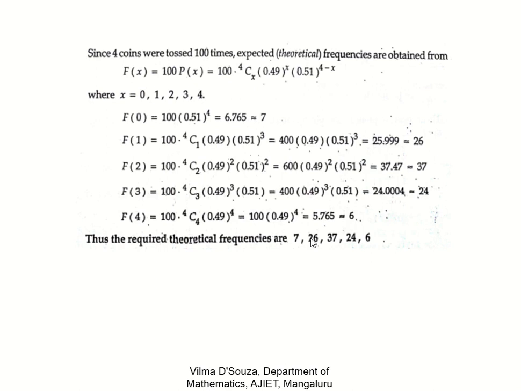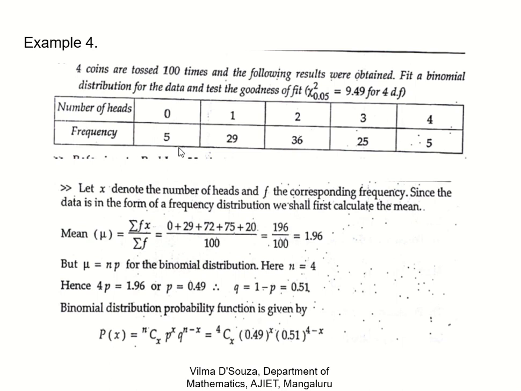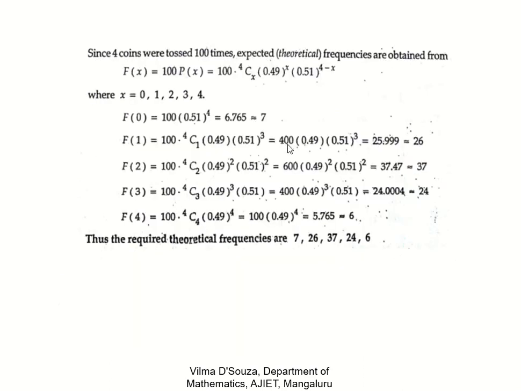So what are the theoretical or expected frequencies? 7, 26, 37, 24, 6. Go back: the observed frequencies given are 5, 29, 36, 25, 5. This is Oi, and Ei is 7, 26, 37, 24 and 6.